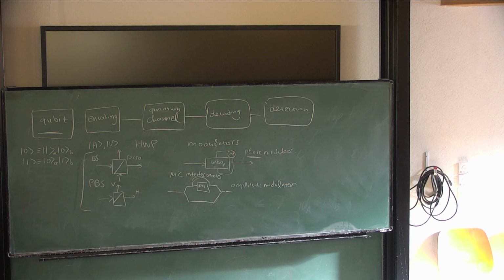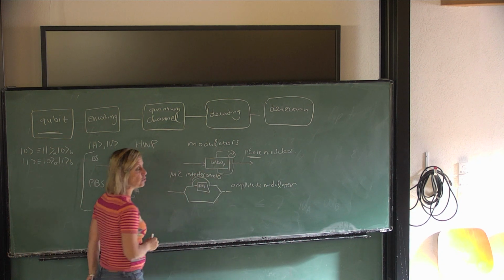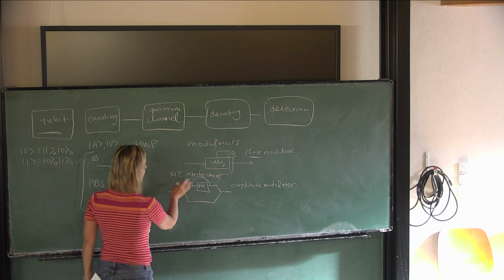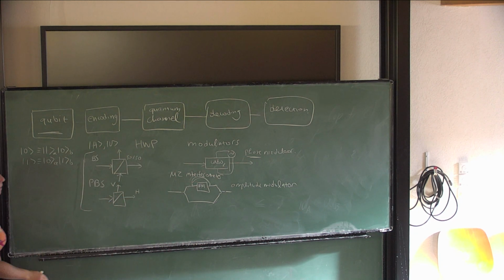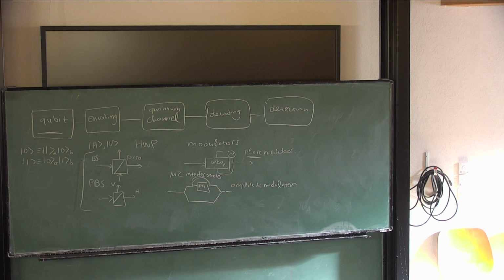Phase modulator, I repeat: non-linear optical material, electro-optic effect, and so you can change the phase of your signal. Amplitude modulator: you just put your phase modulator into a Mach-Zehnder interferometer, and like this you can vary the intensity of your signal depending on what you apply on the phase modulator. These are very crucial components of QKD systems.